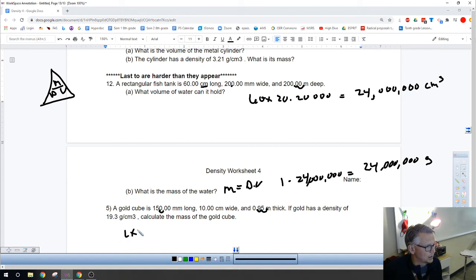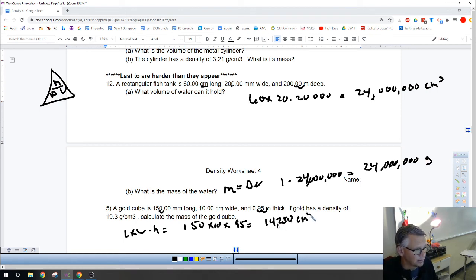So length times width times height gives us 150 times 10 times 95, which is going to give us a big number. And that is going to give us 14250. And that is going to be in cubic centimeters.